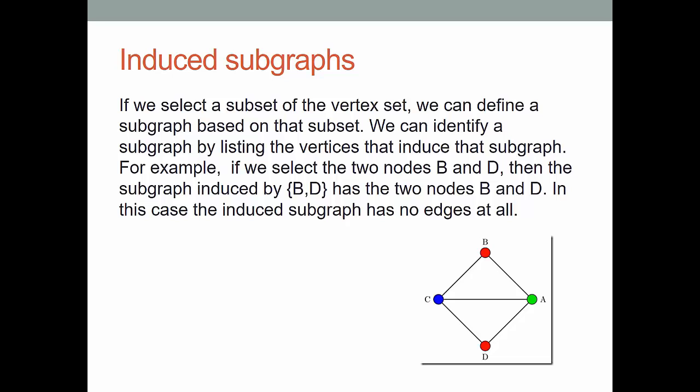So if we select the two vertices B and D, then what is the induced subgraph? Well, we have the two vertices B and D, but notice that B and D are not adjacent. Therefore, they do not induce an edge. And the subgraph induced by B and D is simply the two vertices B and D.